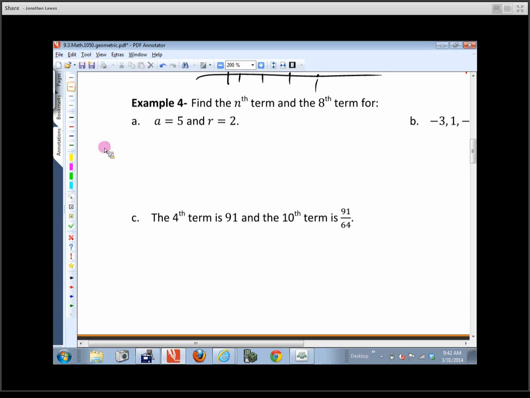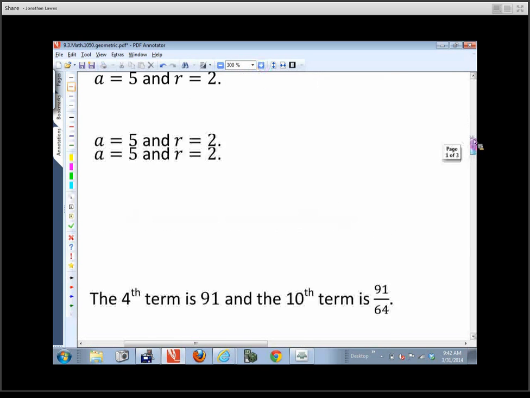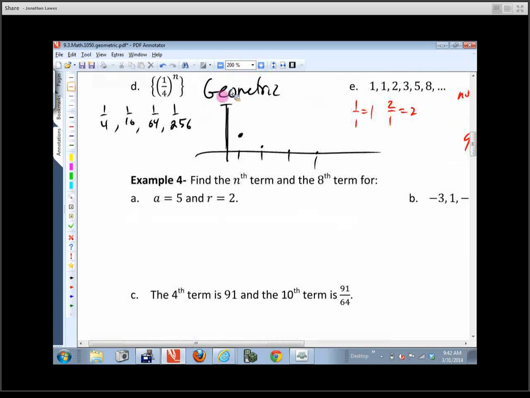So the formula is the nth one is going to be the first one times n-1 common ratio. So if you know the first term and the common ratio, just like with the arithmetic one, end of story, we know the formula.